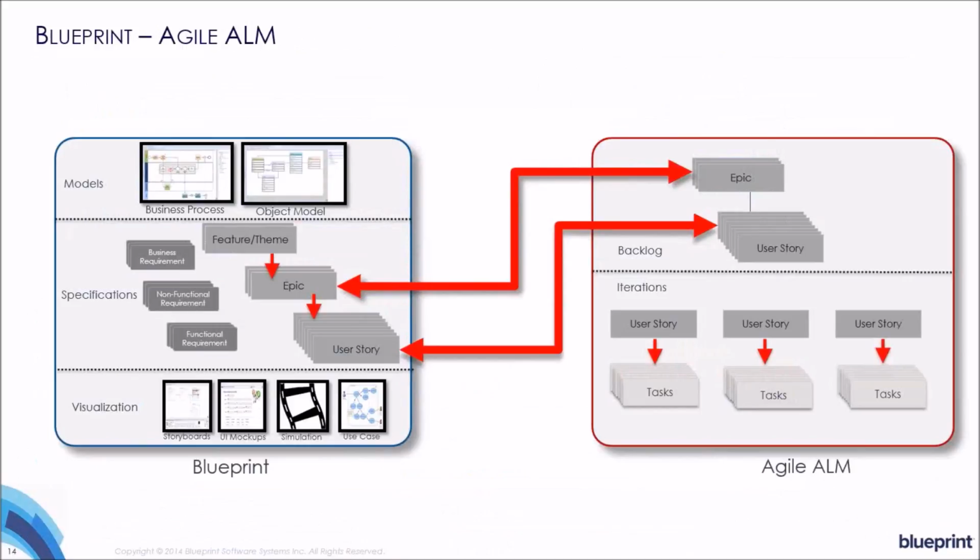From here, the detailed user stories are distilled, and then bidirectional integration with Agile ALM solutions allows user stories or features to be created and updated in either system, and for this information to always stay in sync.